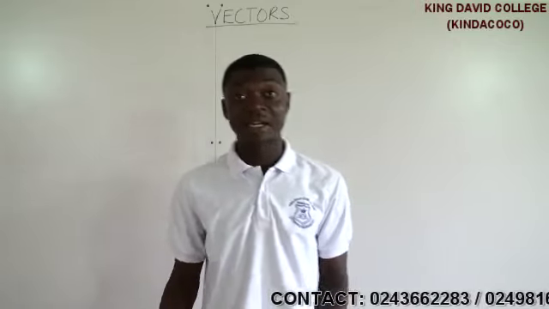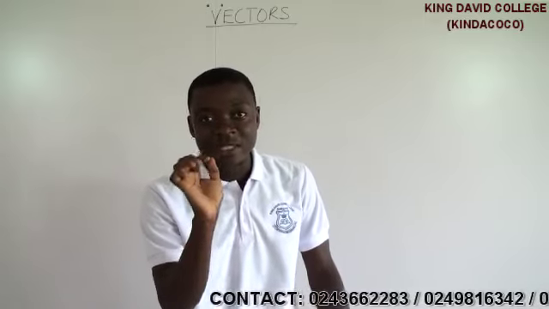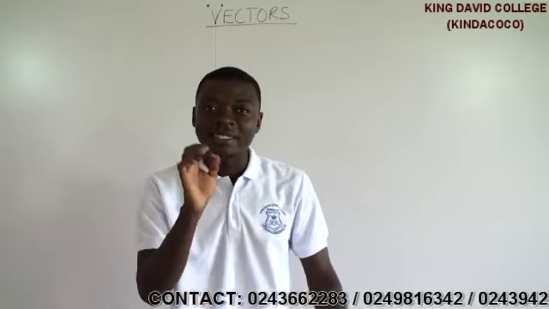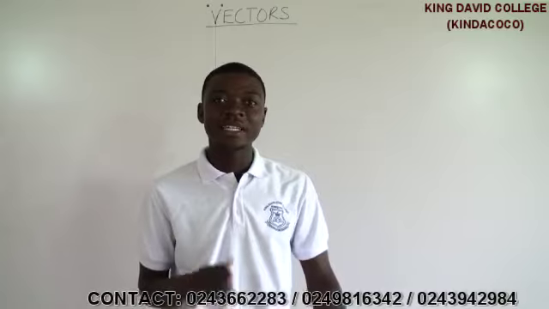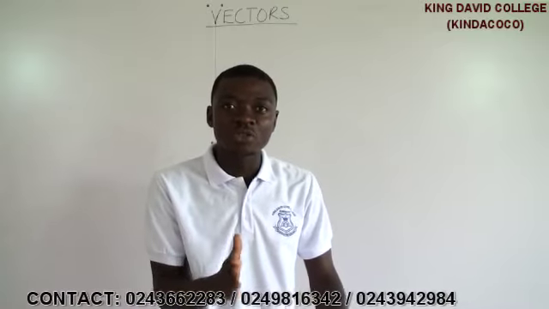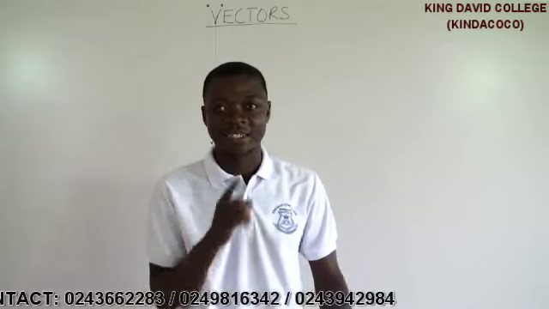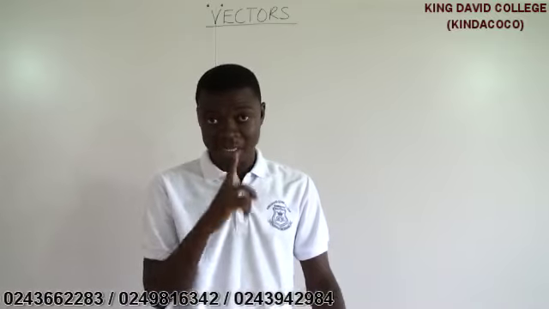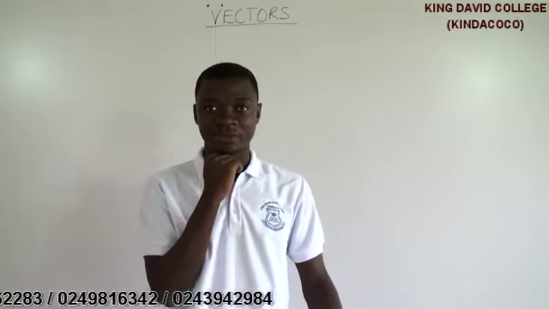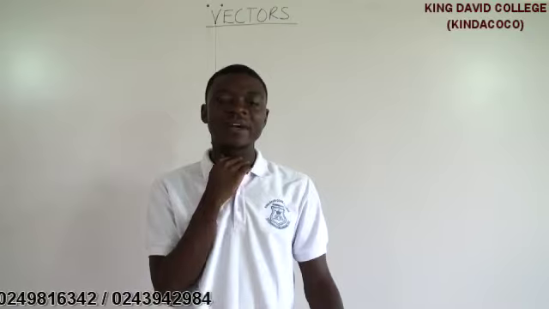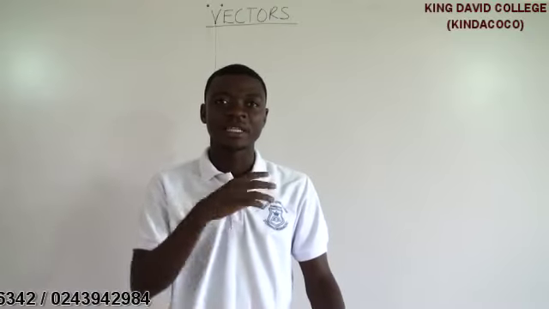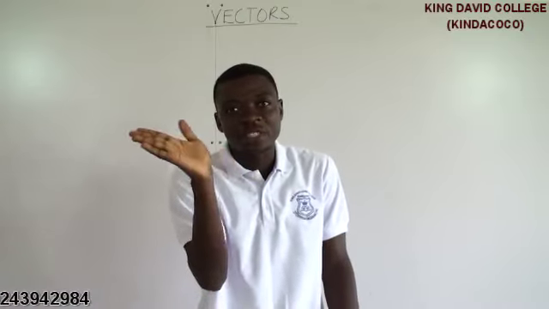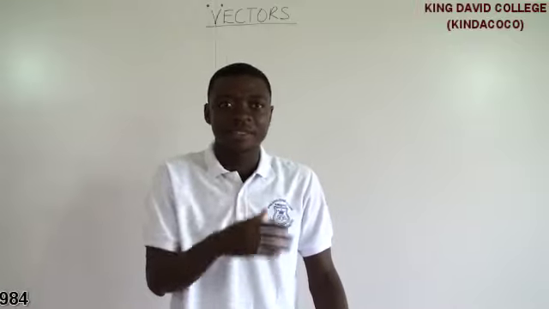Good. Now, in the concepts of vectors, there are certain quantities that we need both what? The magnitude and then the direction. So the direction this time around is going to be maybe northeast, northwest, whatever, like that.